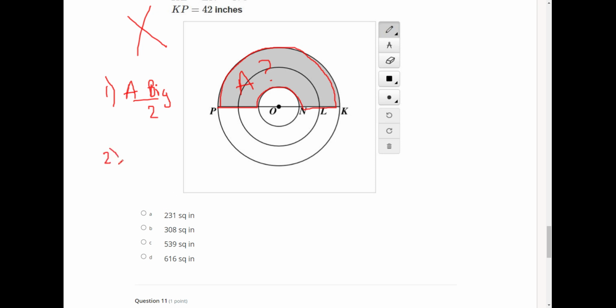And then step number 2 is find the area of the super small circle, this circle, and divide it in half. And then you got to subtract them. So if I have this whole gray piece of the donut and I take out the white piece of the donut, what's left is this rainbow arch. Yeah. Okay.